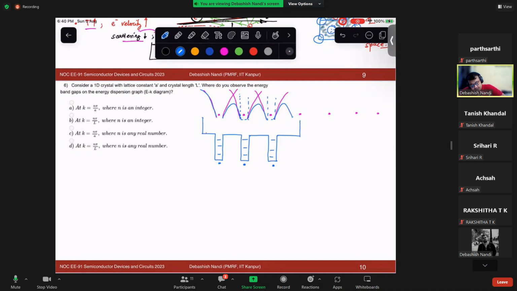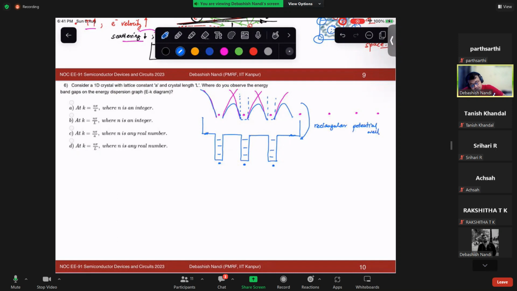And then suppose you have this kind of thing. Generally, consider an infinite periodicity. What Kronig and Penney did is that they approximated this kind of profile with a periodic rectangular potential well.